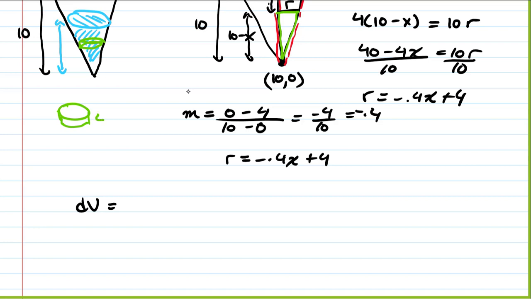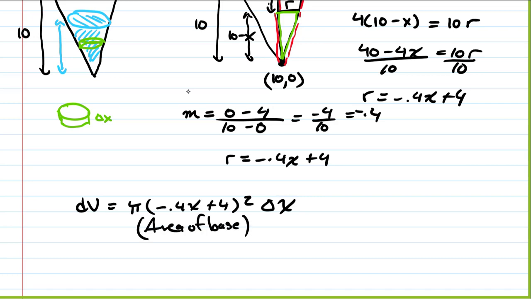Well, we know that it's going to be delta x thick, and then what's the area formula for a circle? Pi times our radius squared, and we just found out what our radius was, which is negative 0.4x plus 4, squared. So that's the area of the base times its height, which is delta x. That gives us our little volume of this green cone, right?